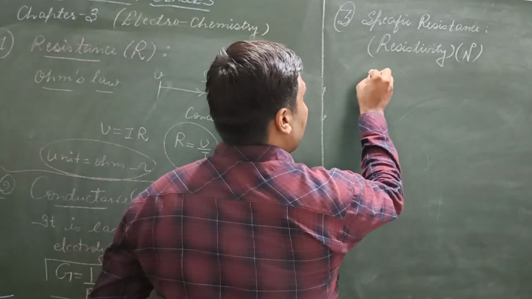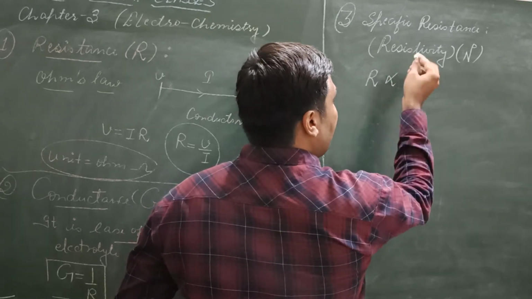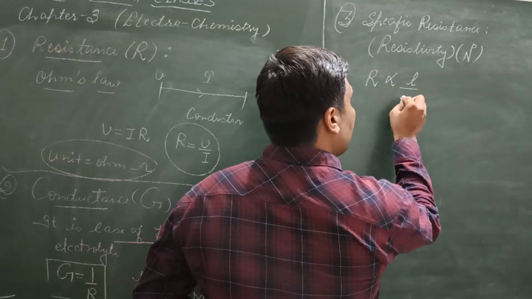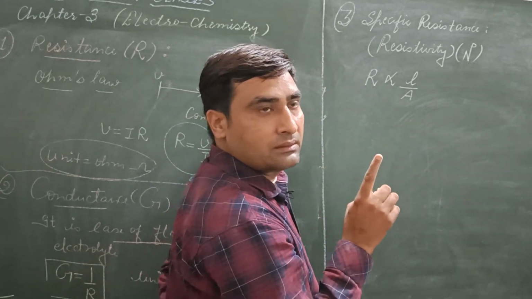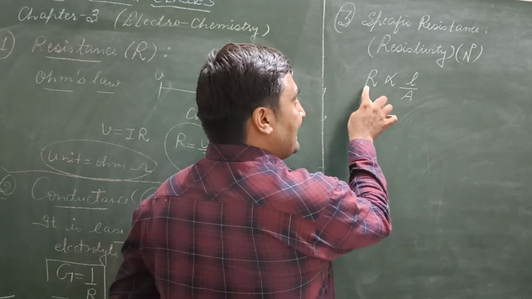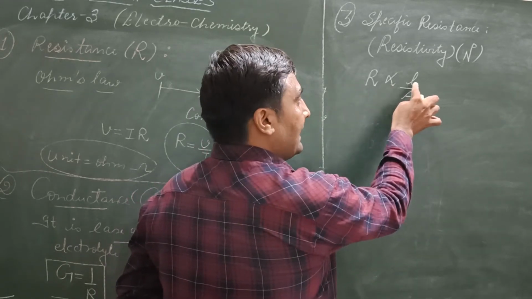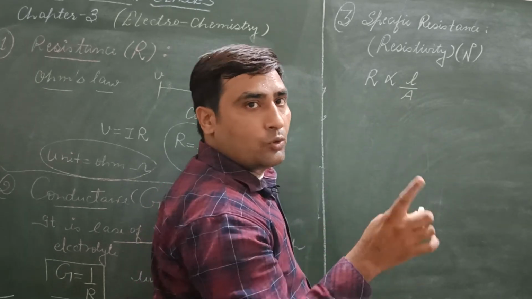The resistance R is directly proportional to length and inversely proportional to the area of cross section of the cell of the electrolyte.